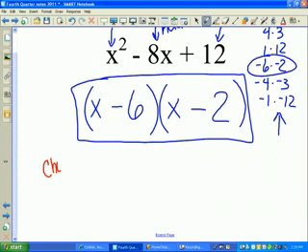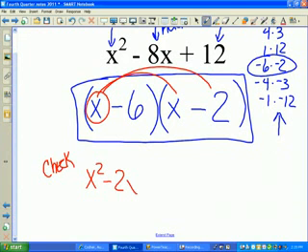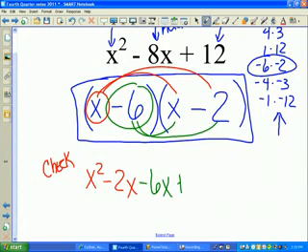So if I want to check it, which I'm going to put in red, I would take this x and distribute to everything inside the parenthesis, which would give me x squared minus 2x. And then I would take my -6 and distribute to everything inside the other parenthesis, which will give me a -6x plus 12.